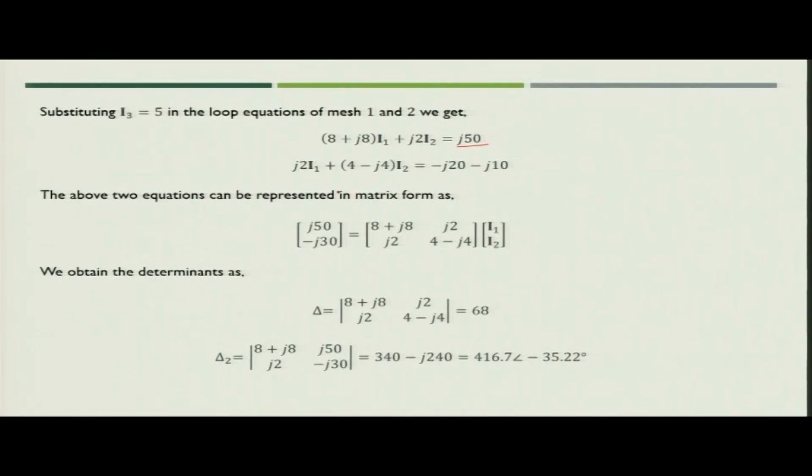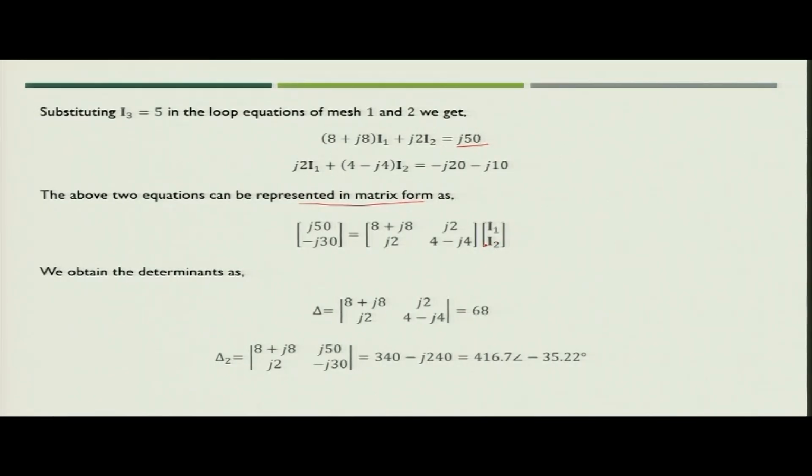Now, we can compile these two equations in matrix form. We write j50 and minus j30 as the elements of the left side vector, then a matrix containing elements 8 plus j8, j2, j2 and 4 minus j4, and the vector for I1 and I2.